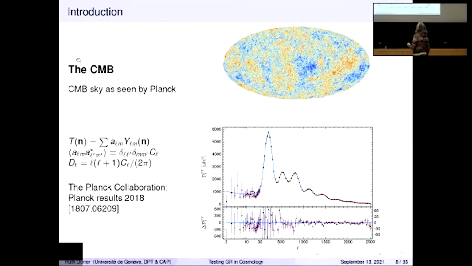This has been measured in the past very precisely with the so-called cosmic microwave background, CMB, which is the relic radiation in the universe. Most of the photons in the universe are actually this CMB. When the universe cooled down sufficiently so that electrons and protons combined to neutral hydrogen, it became transparent for photons.